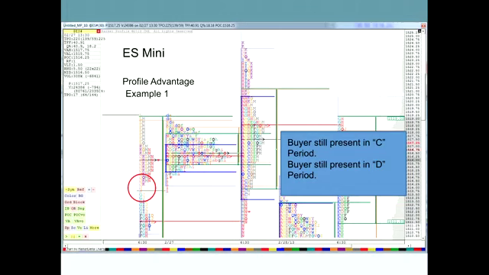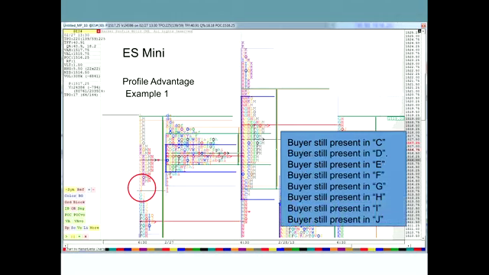Buyer's still there. Buyer still present in E, F, G, H, I, and J. So ultimately, if I had the stamina, I would have been able to stay in that trade, and actually in period H, I would have made my target. And then we begin to take it out.